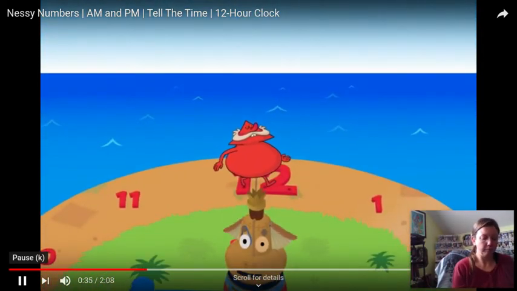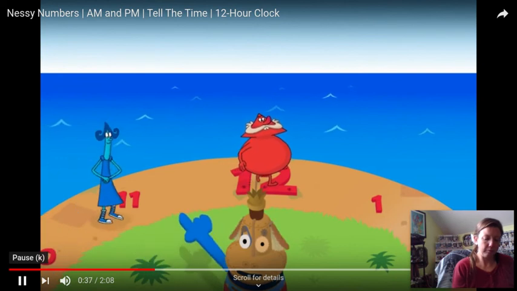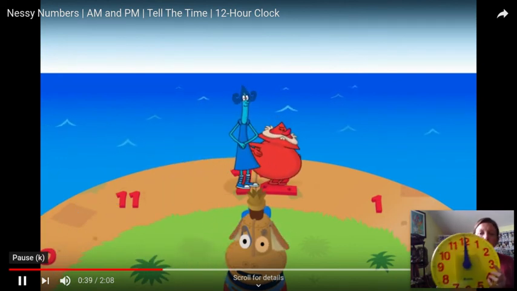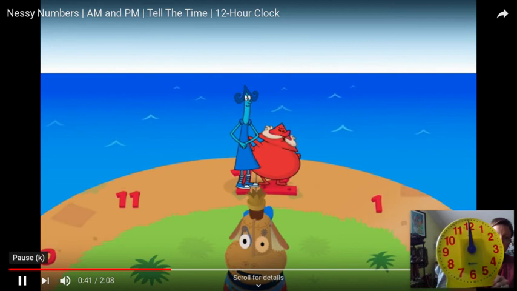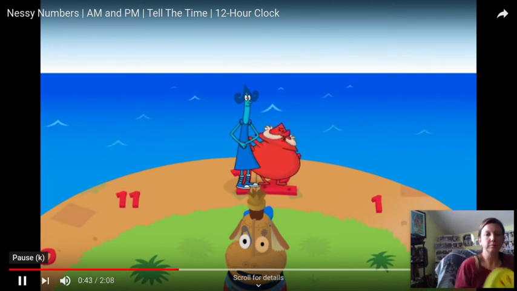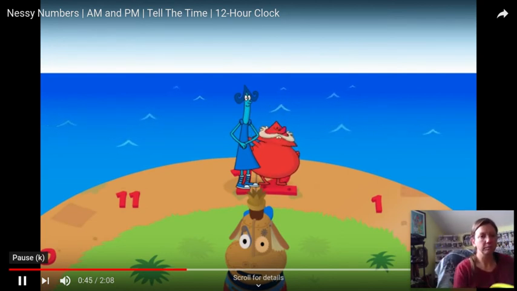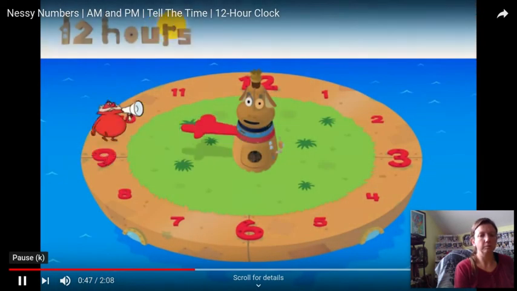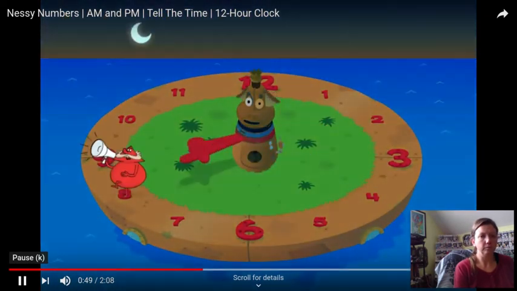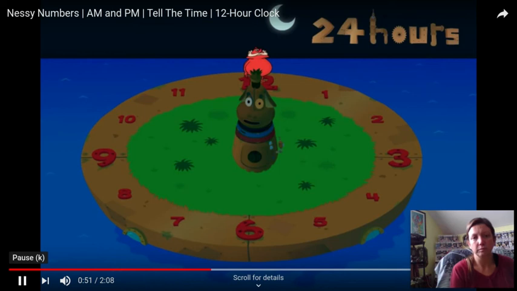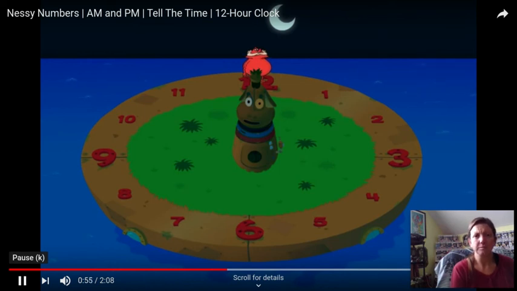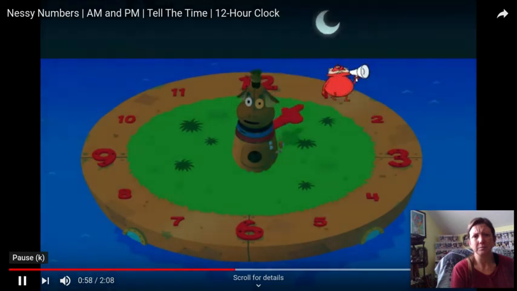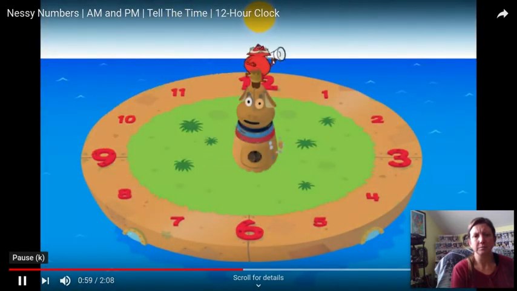When Mr. Hour has walked right around the island, back to the 12, it is the middle of the day. They call this time midday. In one day, Mr. Hour walks around Clock Island twice. To remember whether he is going round the first or second time, Mr. Hour calls the first time round AM.